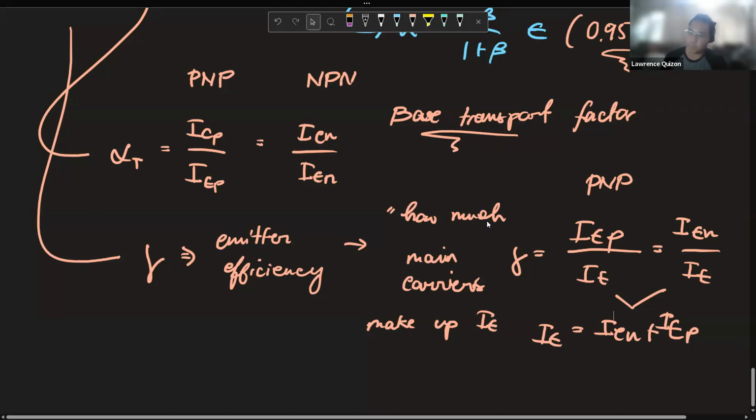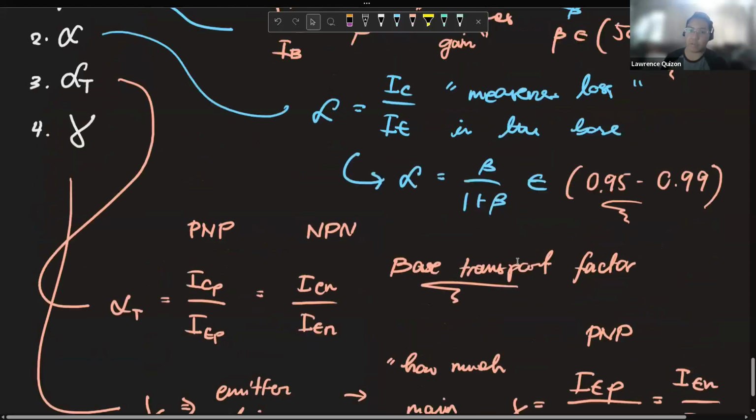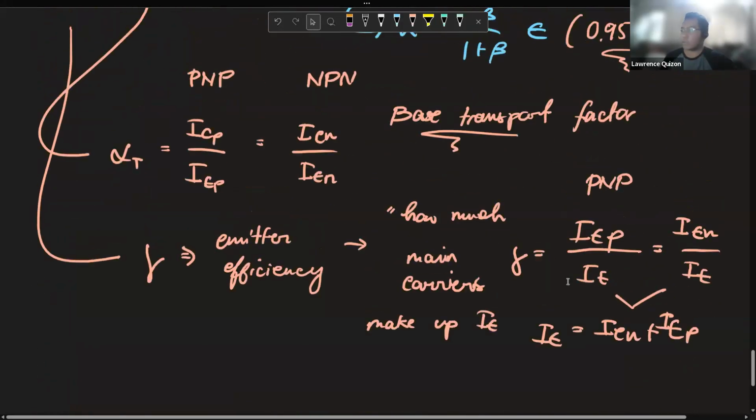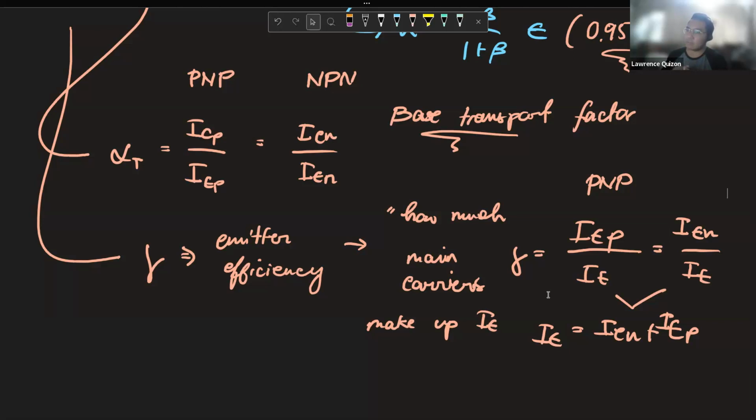For now, definitions pa lang yung meron tayo dun sa performance parameters, no? But we will see an example of how to use these.